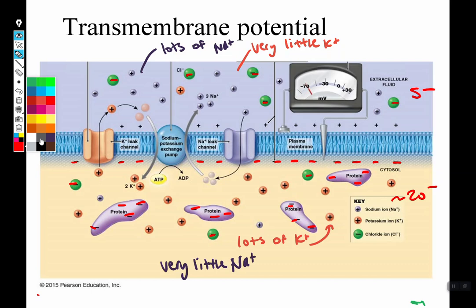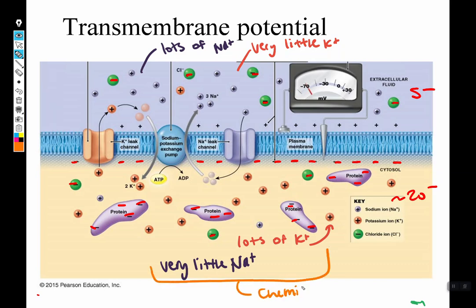So we've got a situation where two chemicals are separated from each other in different proportions. So we call it a chemical potential. And then we also have this difference in charge. So this is an electrical potential. Electrical referring to electrons.